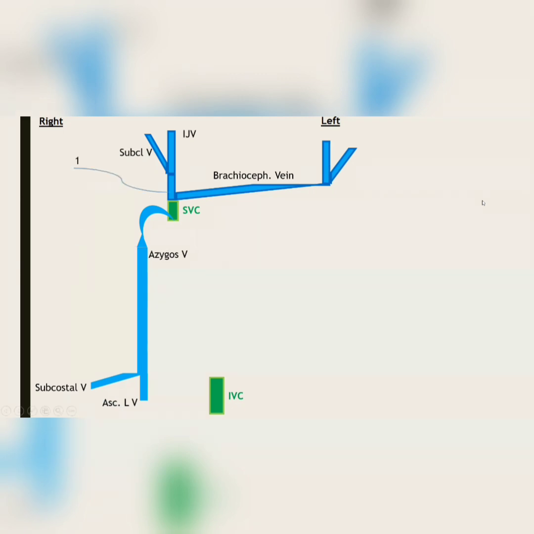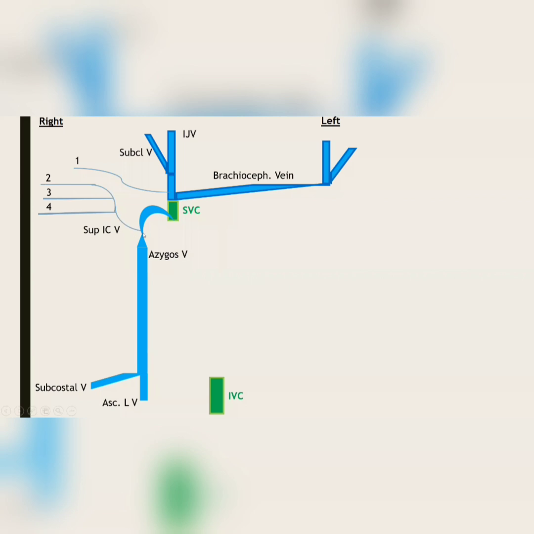The first posterior intercostal vein is also known as the highest intercostal vein. It will drain into the right brachiocephalic vein. The second, third, and fourth posterior intercostal veins will join together to form the superior intercostal vein.